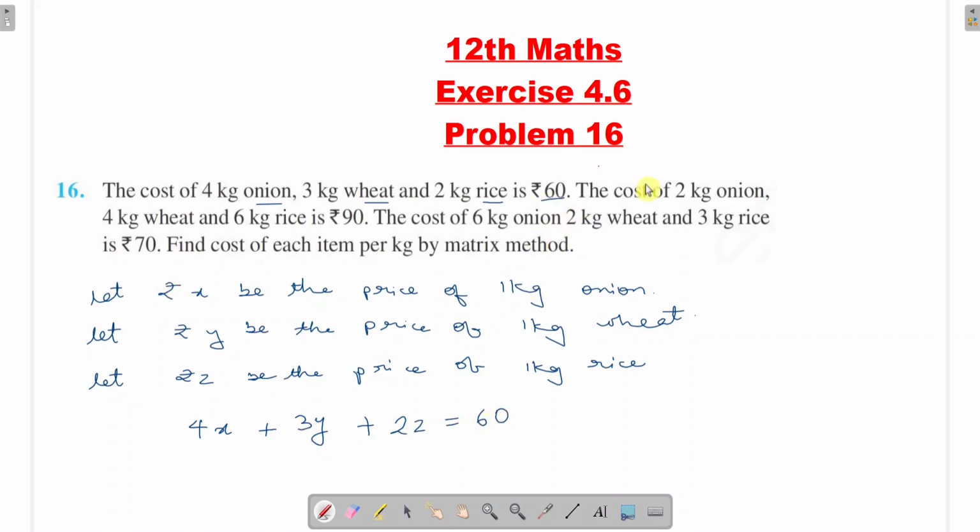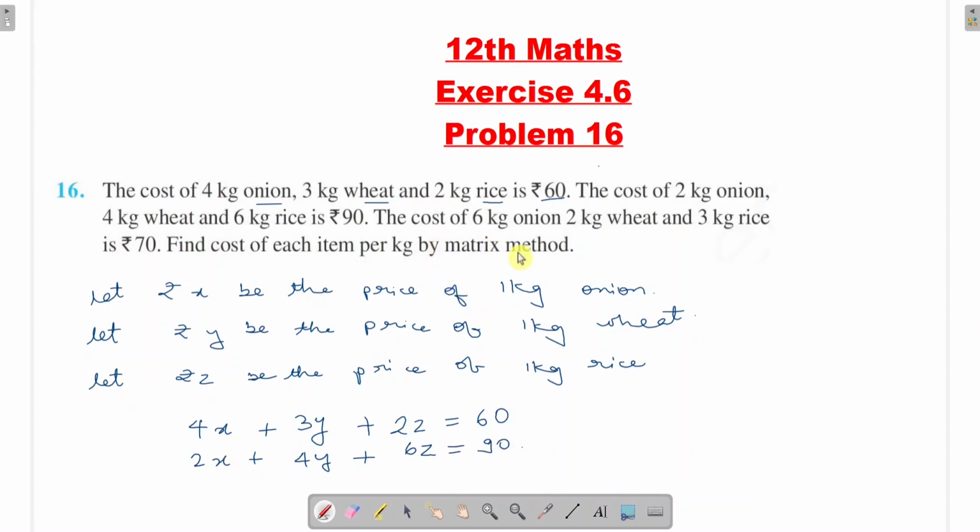Similarly, we have to look at the second sentence. The cost of 2 kg onion, that means 2x, plus 4 kg wheat, that means 4y, plus 6 kg rice, that means 6z, is equal to 90.